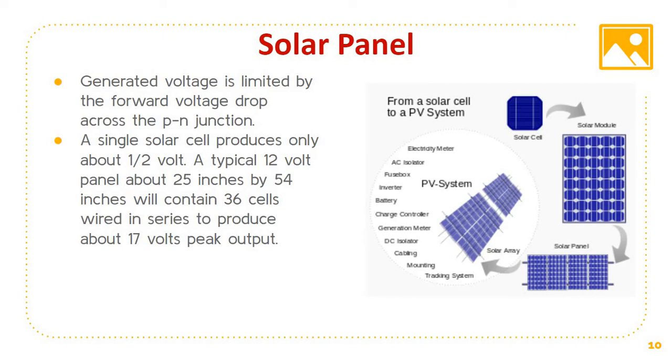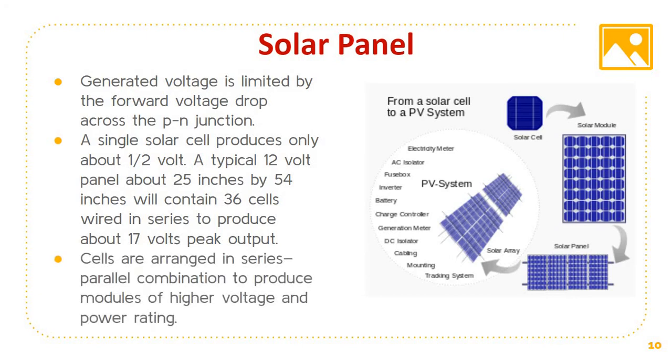If you consider a typical 12 volt panel, about 25 inches by 54 inches will contain approximately 36 cells wired in series to produce about 17 volts peak output.